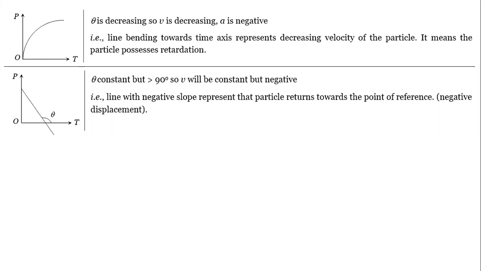So your reference point was your home. Initially it had a particular displacement, and as time proceeded, it came back to the reference point. So that type of motion is called motion with negative velocity. The displacement is reducing. Okay, thank you, sir. Yeah, welcome.